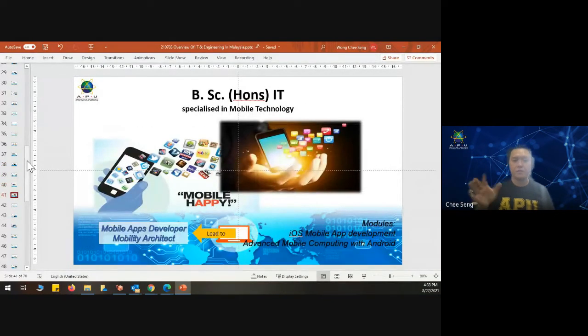We have 18 different specialized programs for students to choose from. So our students are able to compete with a lot of students from different universities. The main reason is that they specialize in key parts of the IT or computer science industries.